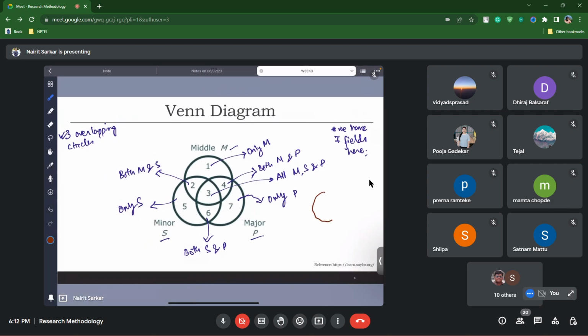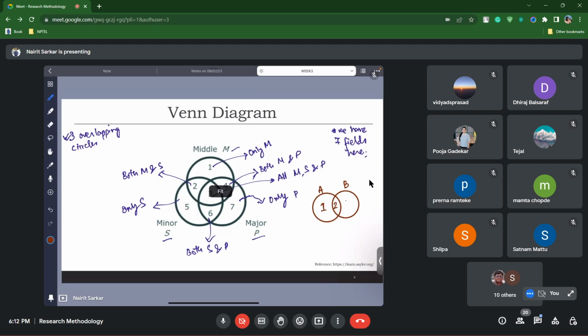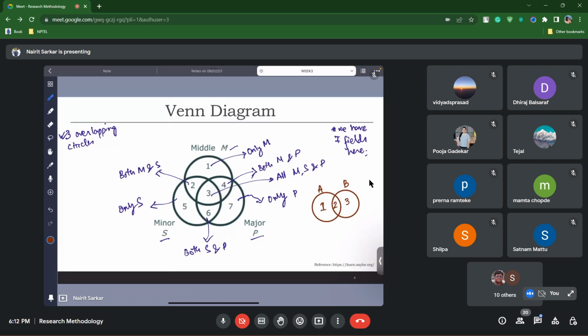So if I draw A and B here, suppose it is A and suppose it is B, and here are three fields, 1, 2 and 3. What do all these three fields mean?